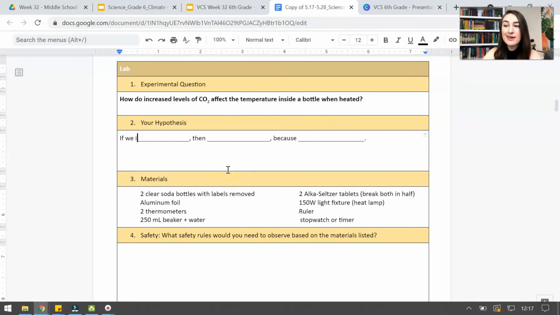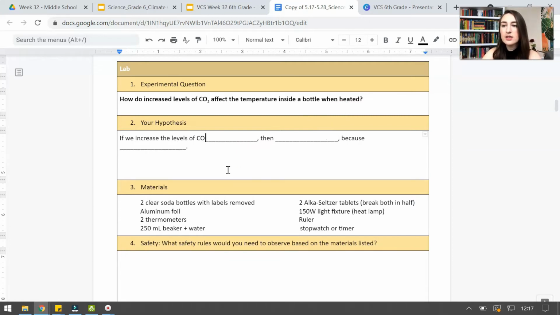So if we increase the levels of CO2, and I'm going to copy and paste this from here. If we increase the levels of CO2 inside of a bottle, then we want our prediction about the temperature. So how does the level of carbon dioxide affect the temperature inside a bottle when heated?